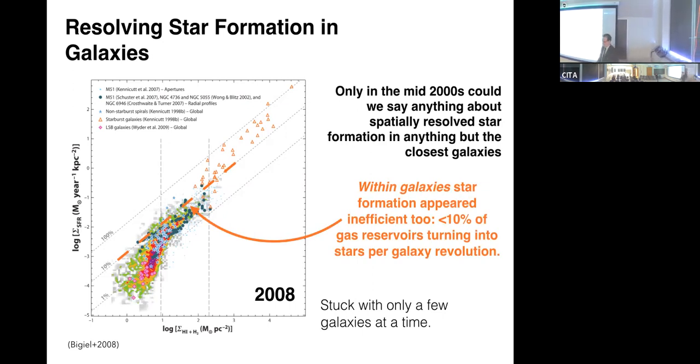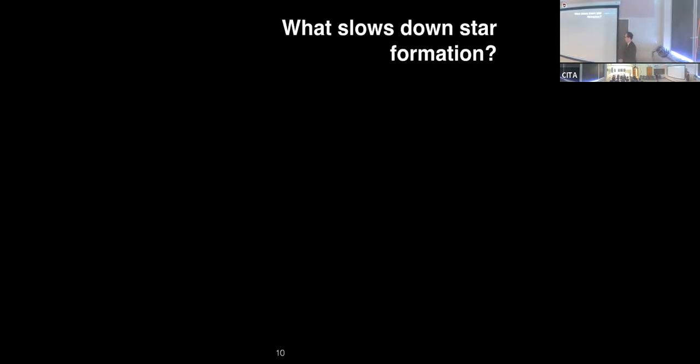On hundreds of megayear timescales, on dynamical timescales of these galaxies, at most 10% of the available gas we see in these galaxies is being turned into stars. And so this is really where this whole idea that star formation must somehow be inefficient is coming from.